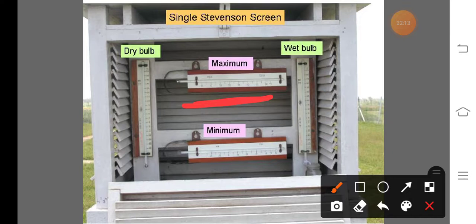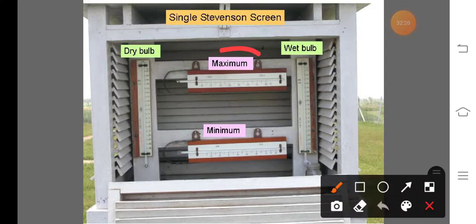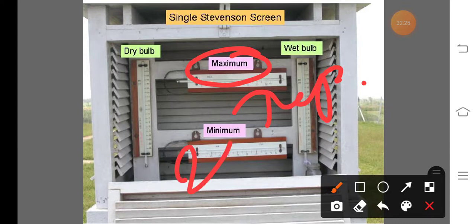It is used to measure the maximum temperature of the day, in 24 hours, or since the last setting. This is a mercury in glass thermometer.